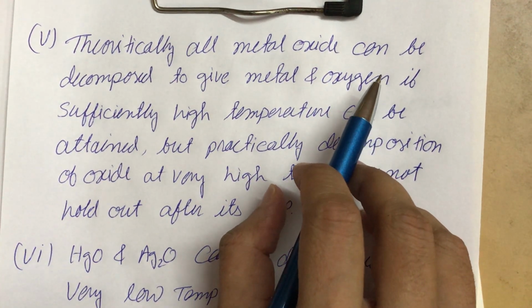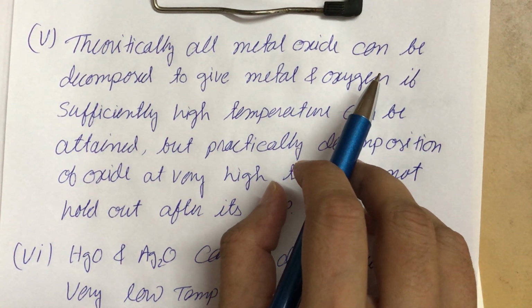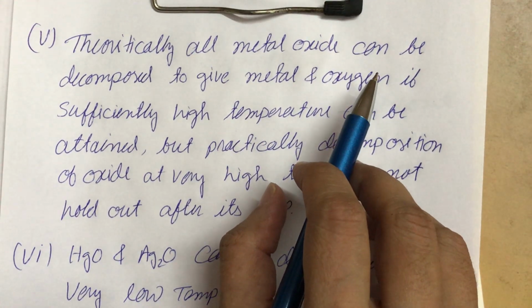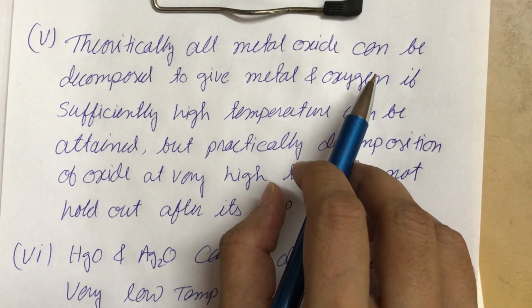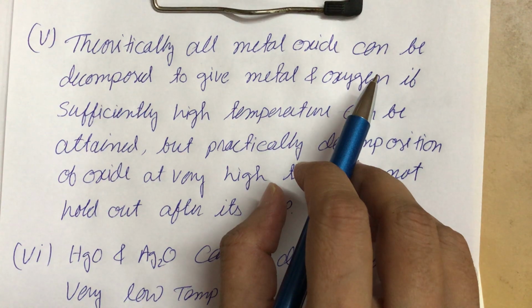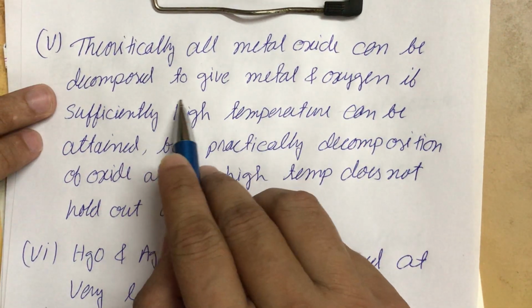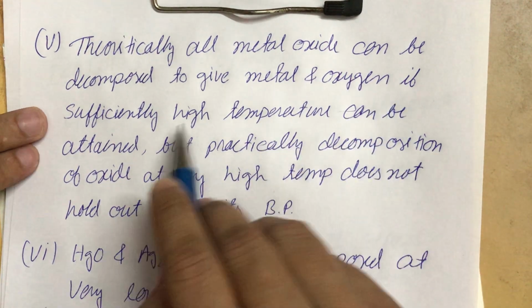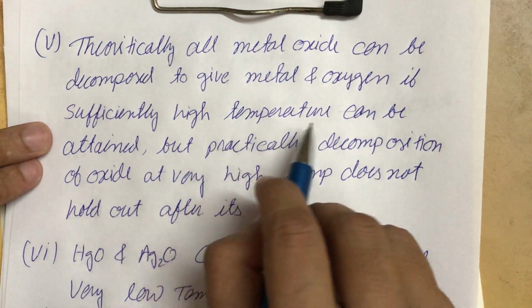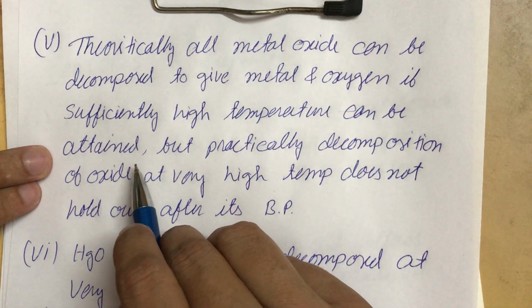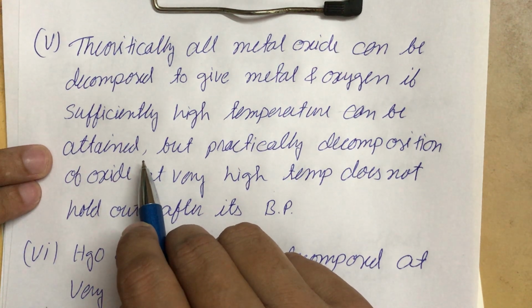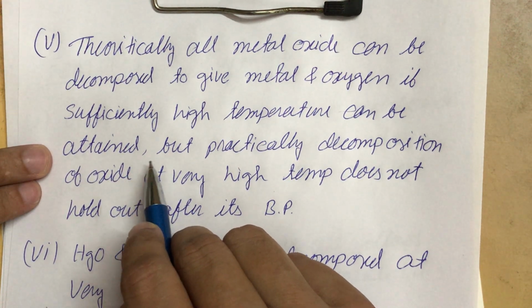So if we talk theoretically, all metal oxides can be decomposed to give metal and oxygen if sufficiently high temperature can be attained. If sufficiently high temperature can be attained, all can dissociate into metal and oxygen.